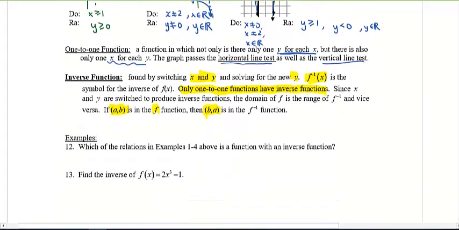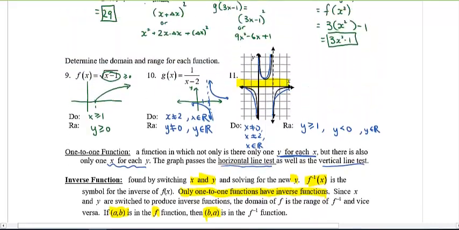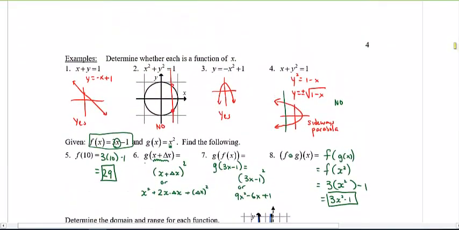So knowing that, can you tell me which examples in 1 to 4 actually have inverses? Remember the idea of inverse? Both the vertical line test and horizontal line test must work. We know the vertical line test works for number 1, so does the horizontal. Ding! We know number 2, it's not even working for the vertical.